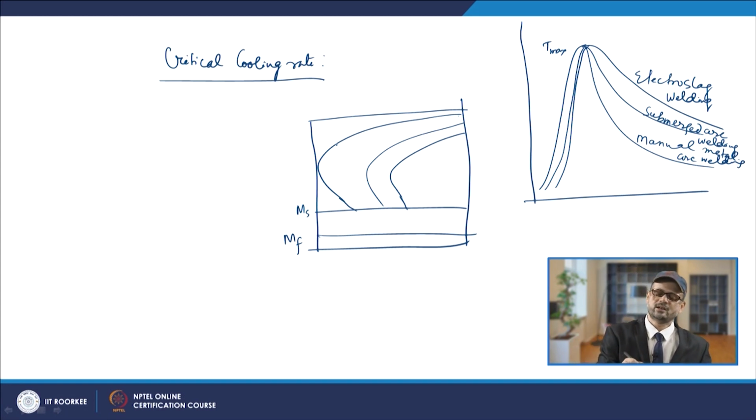So if the cooling rate is less than this critical cooling rate, then certainly there will be pearlitic transformation from austenite.